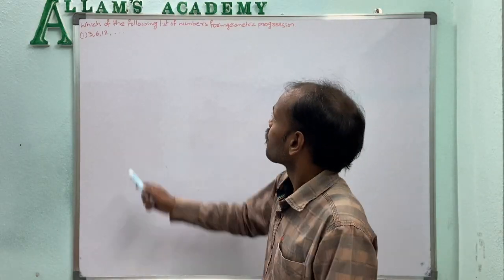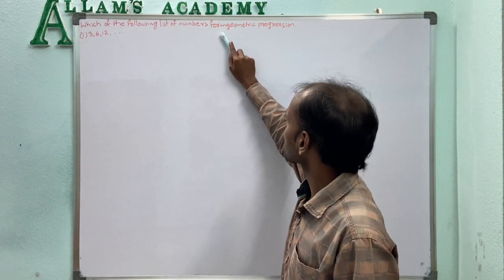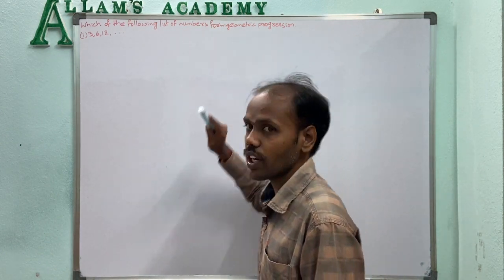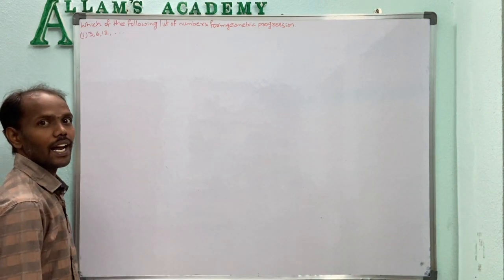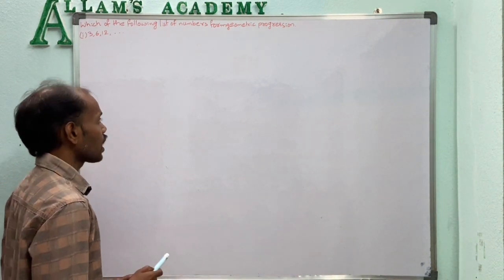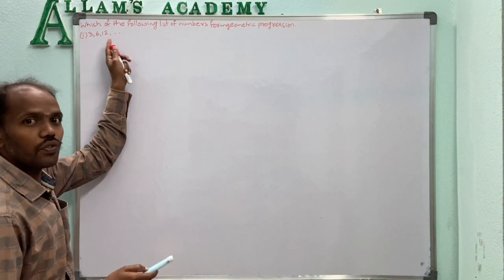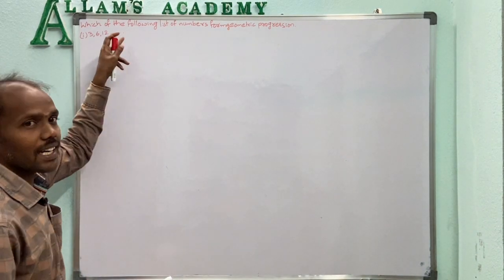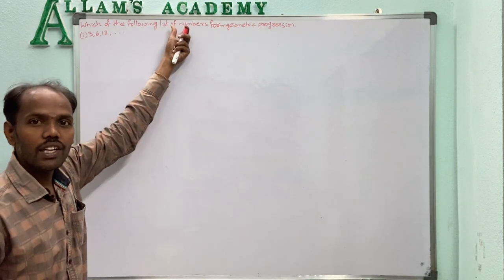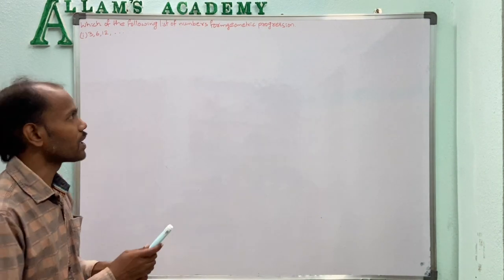Given the problem, which of the following lists of numbers form a geometric progression? So here we are asked whether the given numbers form a geometric progression. That means for these numbers we have to find the common ratio. If the common ratio of these terms is the same, then the given information forms geometric progression.